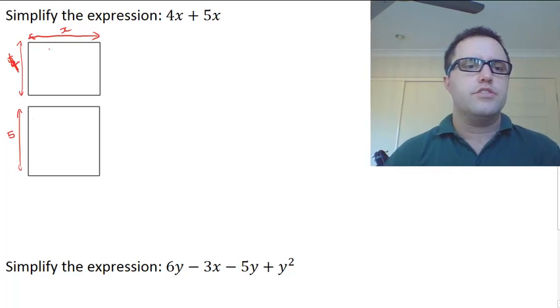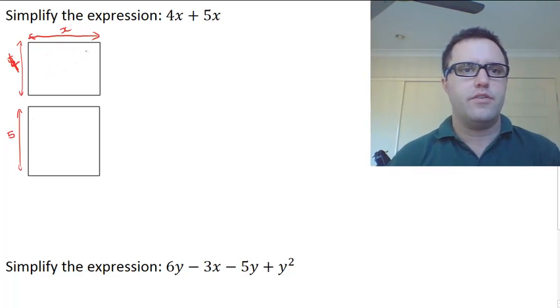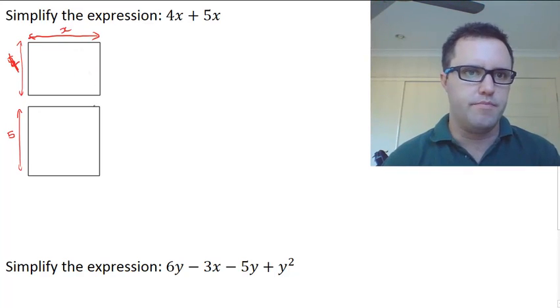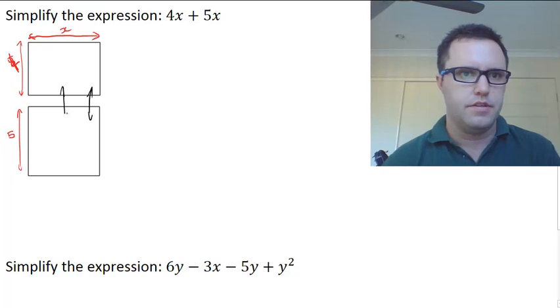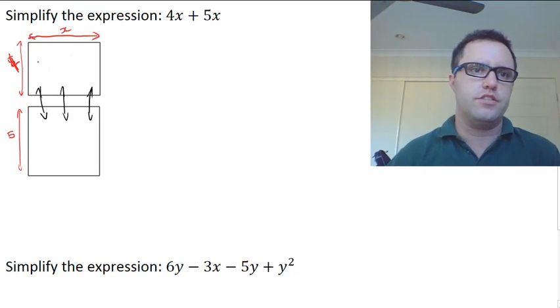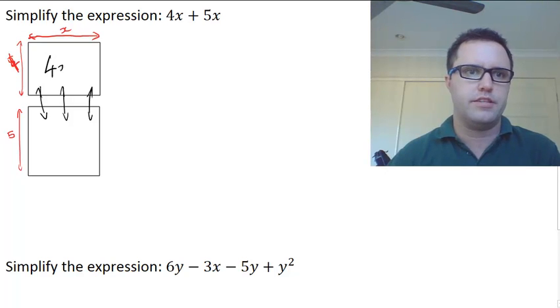So you can see that we can put these two things together and join them here to figure out how much this is all together. If this is 4 lots of x, so this is 4x here, and this is 5x, if we add them together, what would we get?